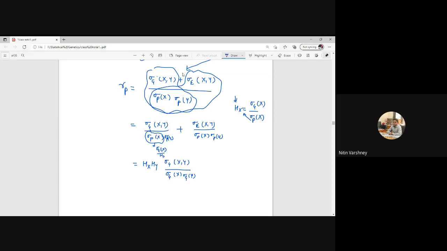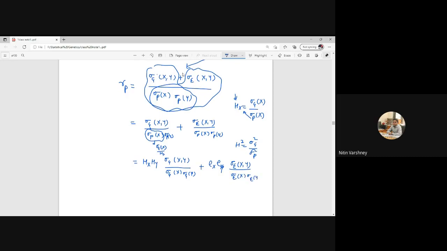Okay, because broad sense heritability is what? Sigma square g upon sigma square p. So I can write this. Likewise, I can write ex ey and similarly sigma e x comma y upon sigma e x sigma e y.